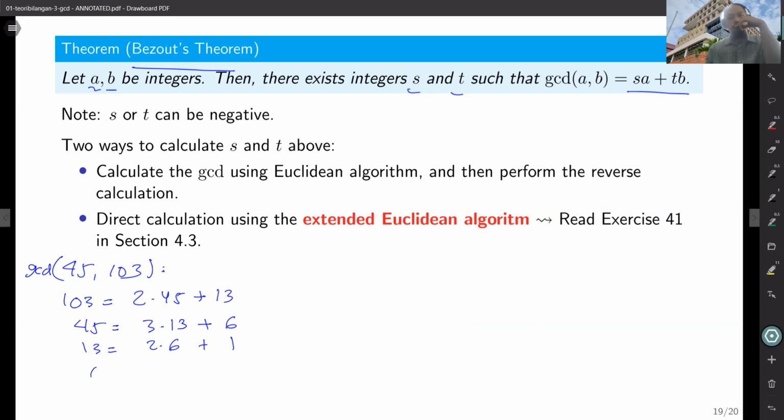6 equals 0 times 1 plus 6, yeah. No. Look at 6 and 1. 6 times 1 plus 0. Try to get the smallest remainder.